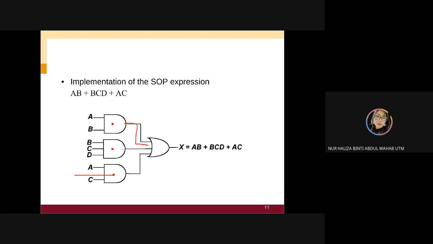You're going to add. You have multiplication, multiplication, multiplication, multiplication. You're going to add. So that's why your circuit will have the AND gate, AND gate, AND gate. Then you're going to add using your OR gate.